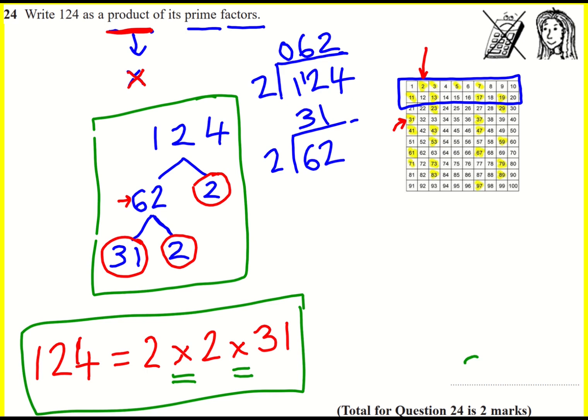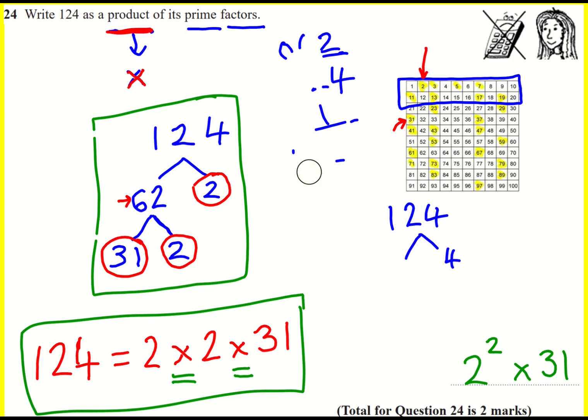You could also make this more efficient and put 2 squared multiplied by 31 if you are confident using indices. I just wanted to show you another way. If you decided you wanted to divide by a different number, let's go for 4. Imagine if you decided to pick 4 here. Well, just going to clear some space here. Imagine if I divided 124 by 4.